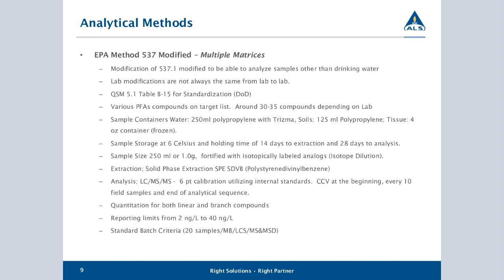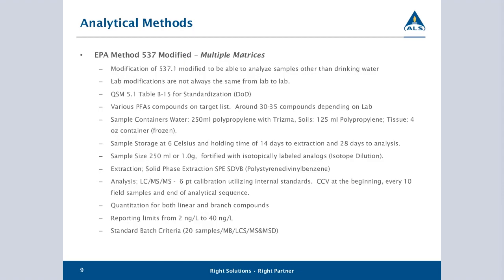So this forced the laboratories to meet these criteria, and in doing so, the methods pretty much got standardized from lab to lab. There may be a little differences here and there, but now it is comparable. Those analyses are comparable from lab to lab because they have to follow the criteria that was laid down by QSM 5.1 table B15.